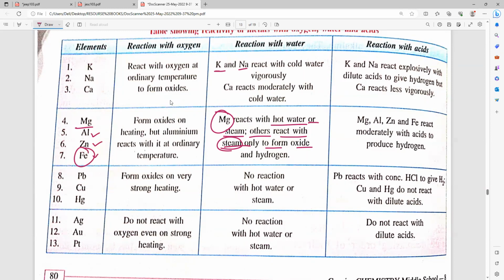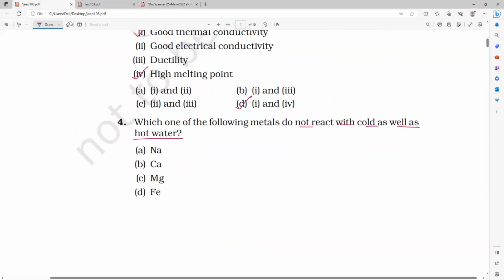So you can notice: sodium with cold water, calcium with cold water, and magnesium with hot water as well as steam. Here iron reacts only with the steam, but they are asking cold as well as hot water.